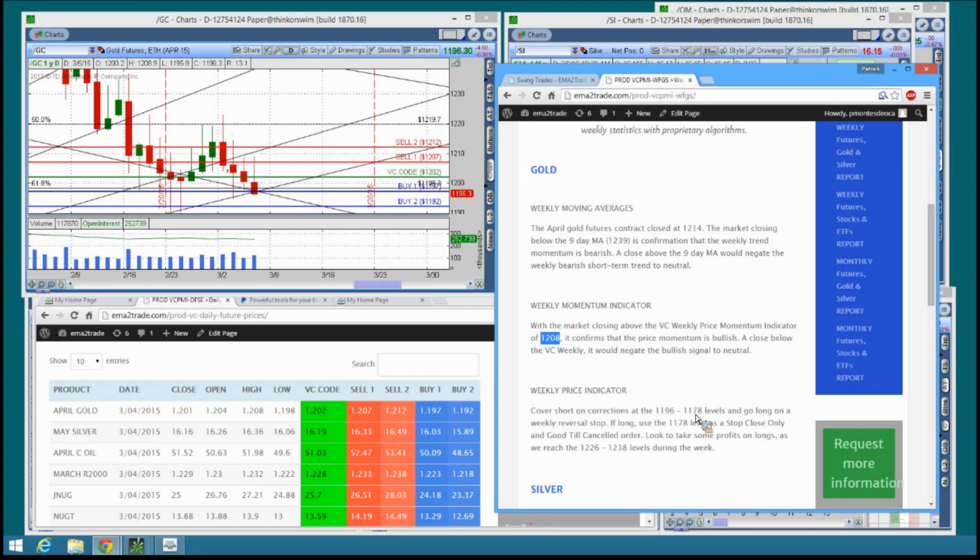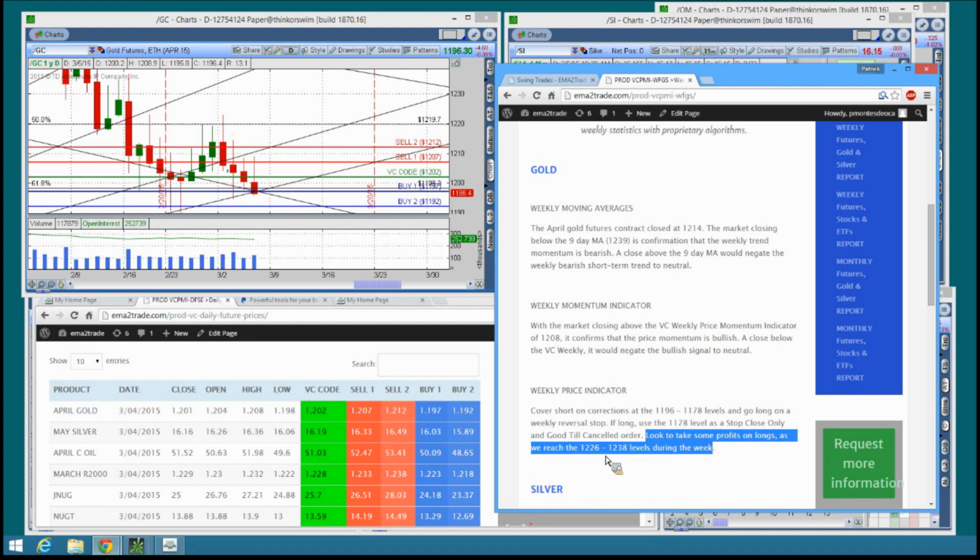You've got a stop at 1178, and your first target is 1208. If the market closes above 1208, basically the trend turns up, and the next objective is the upper levels of resistance of sell 1 and sell 2, and this tells you clearly to look to take some profits on longs as we reach the 1226 to 1238 levels during the week.